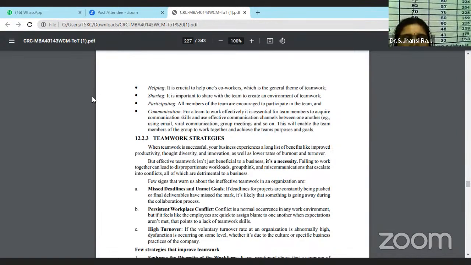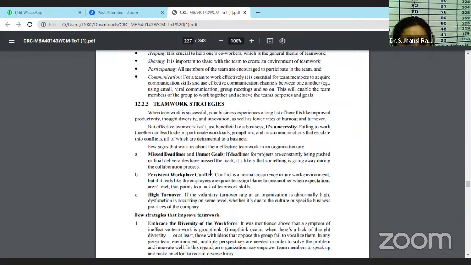Failing to work together can lead to disproportionate workloads. What happens if there is no teamwork in the department or organization? One will be given more work, the other will be given no work.